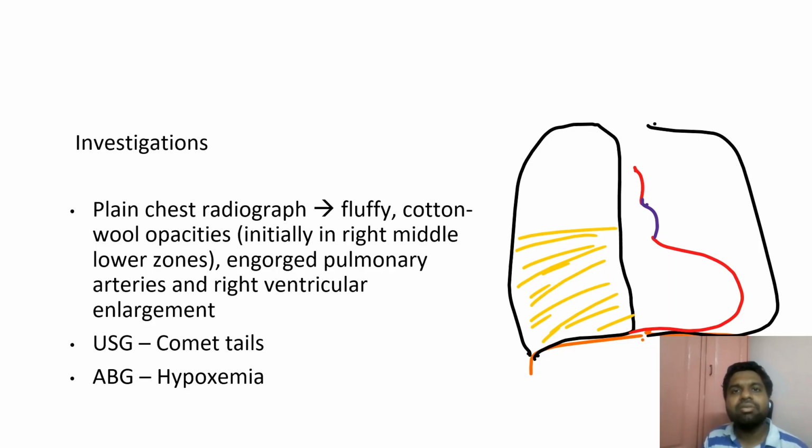And we can also have right ventricular enlargement that we can see here in the diagram, where the apex is uplifted and rounded. And there can be even a prominent pulmonary artery that I have depicted in blue in the diagram. And other than this, the ultrasound can show comet tails and ABG can show hypoxemia.